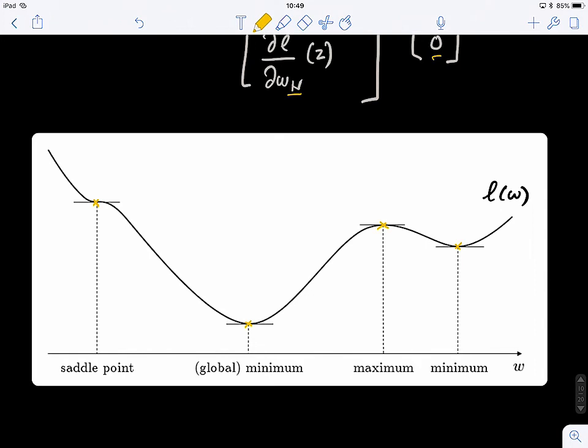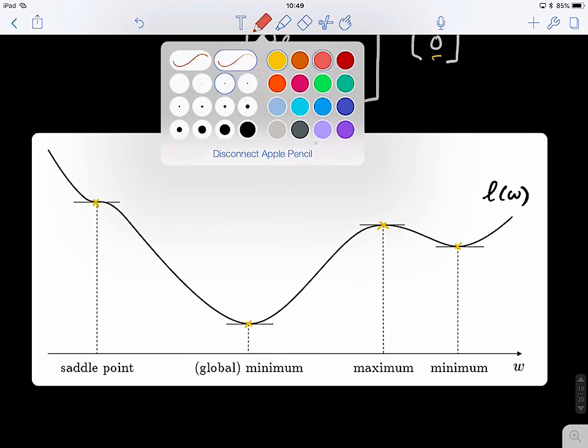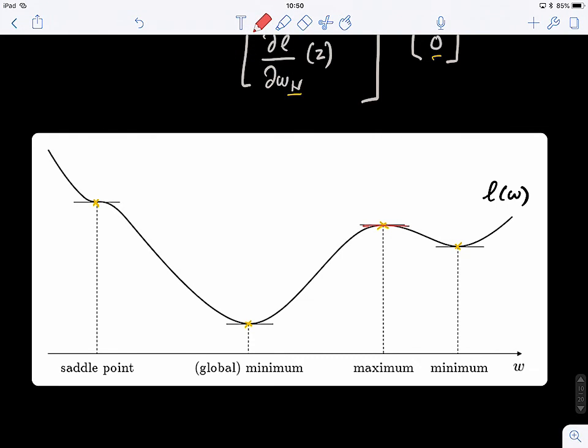So this is not enough to find the minimum point because we might end up having a maximum or a saddle point. A saddle point is when the curvature changes from positive to negative or negative to positive. You can actually nicely fit two different curvatures to this point, okay?